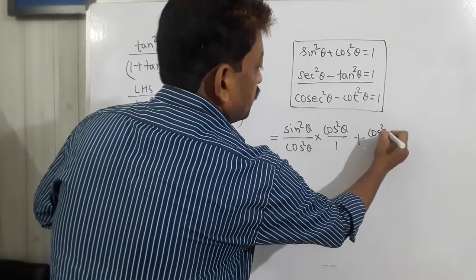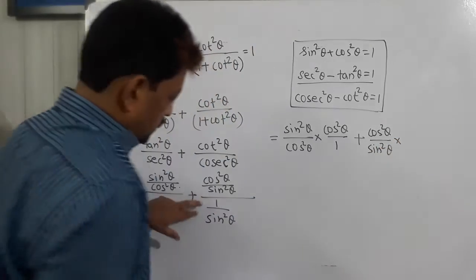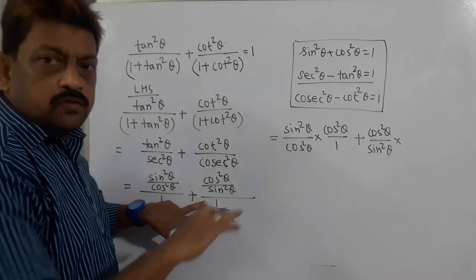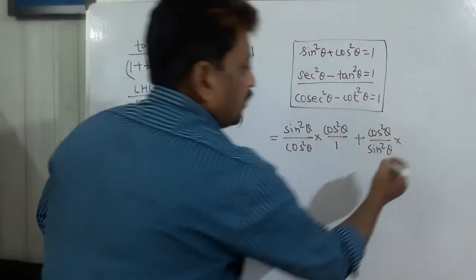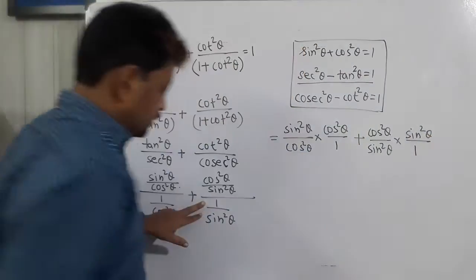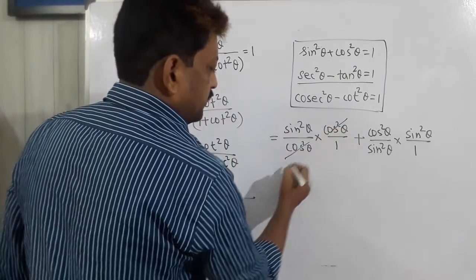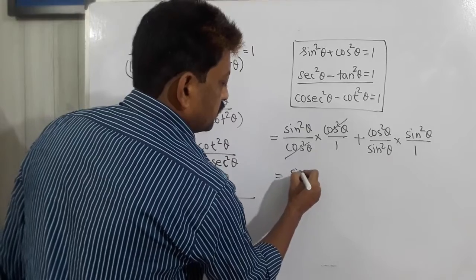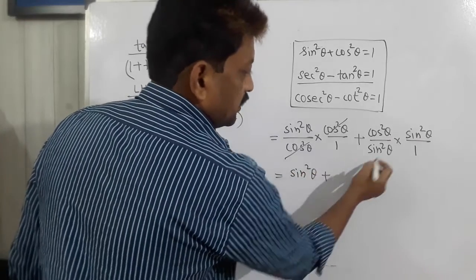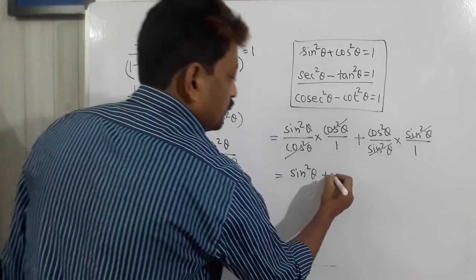Cos square theta upon sin square theta multiplied with 1 upon sin square theta will become sin square theta upon 1, the reciprocal, because I am multiplying here. So these cos square theta and cos square theta can be cancelled. It will become sin square theta, plus here also sin square is cancelled, so it will become cos square theta.